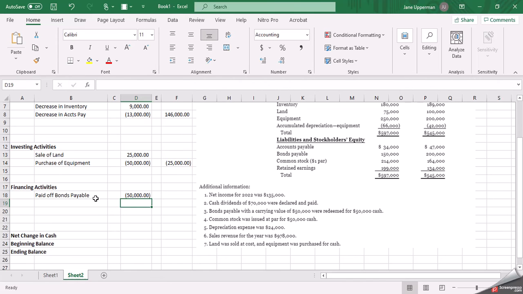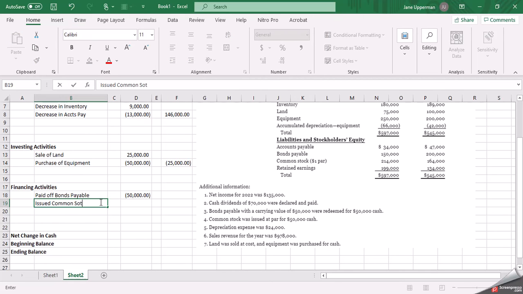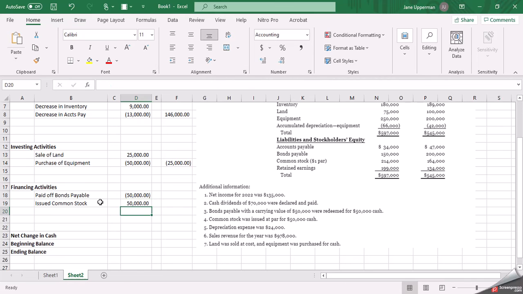So then that is a reduction of our cash. Common stock went up by 50,000, and it tells us here common stock was issued at par for $50,000 cash. So if we issue the common stock, we receive the cash, so that's $50,000.